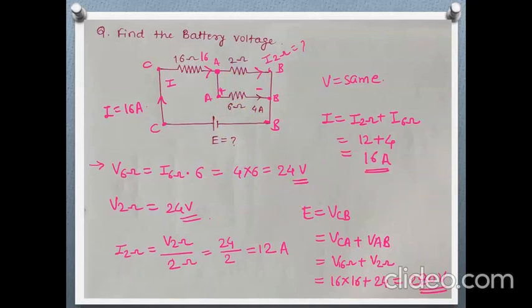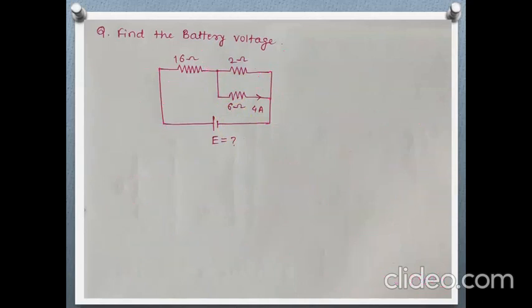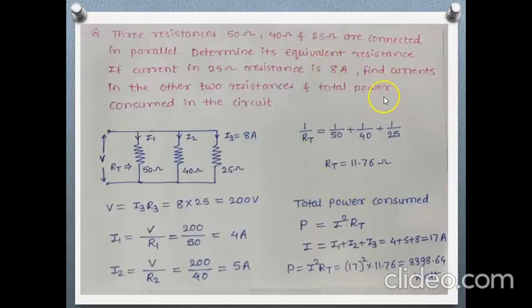Now let's take another example which is somewhat different to the examples we have discussed. The question is: 3 resistances 50 ohm, 40 ohm and 25 ohm are connected in parallel.